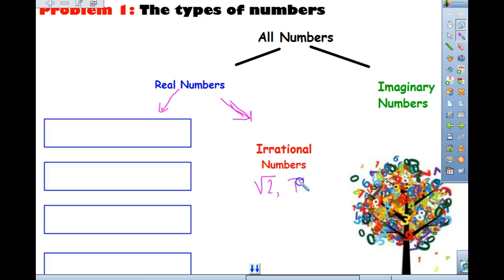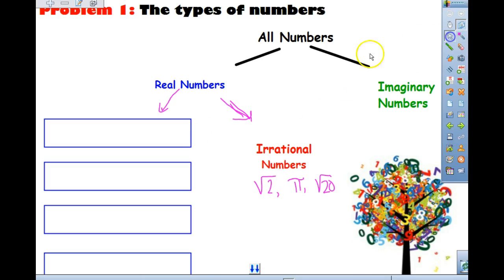You did things like pi. You did the square root of 20. Those are all irrational numbers. Never repeating, never ending as a decimal, and cannot be written as a fraction.